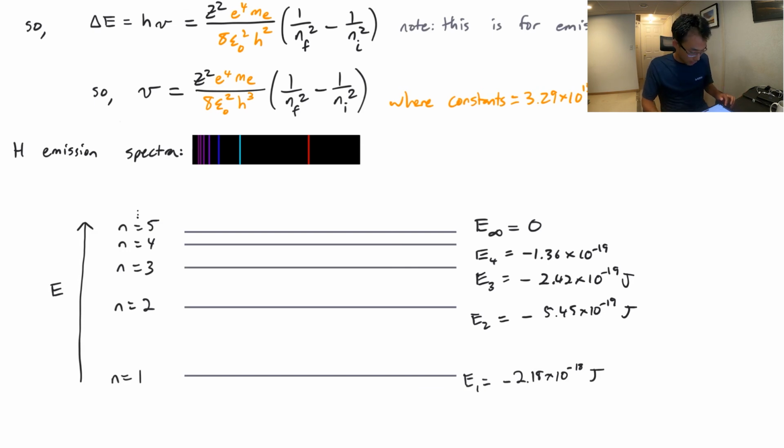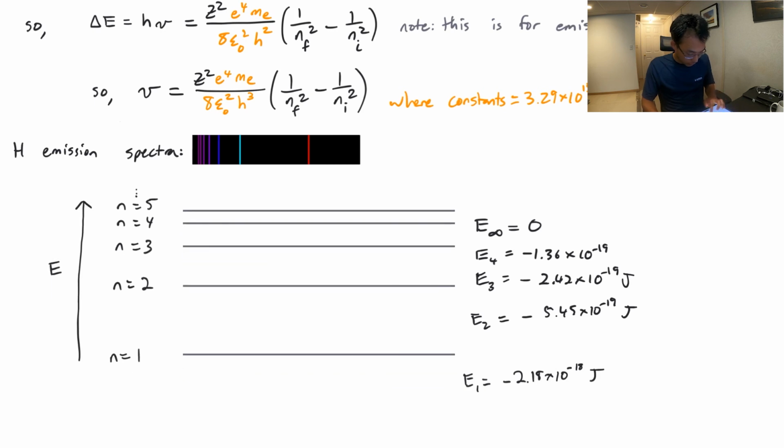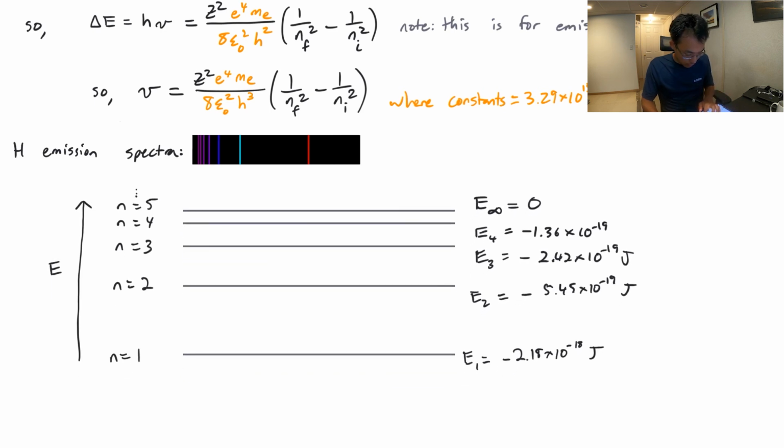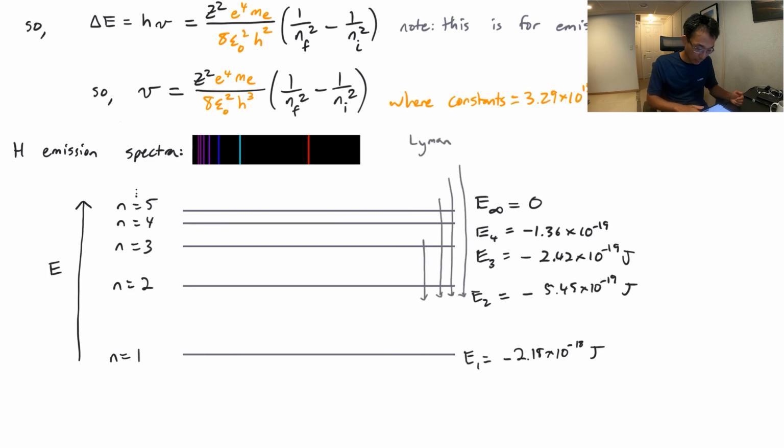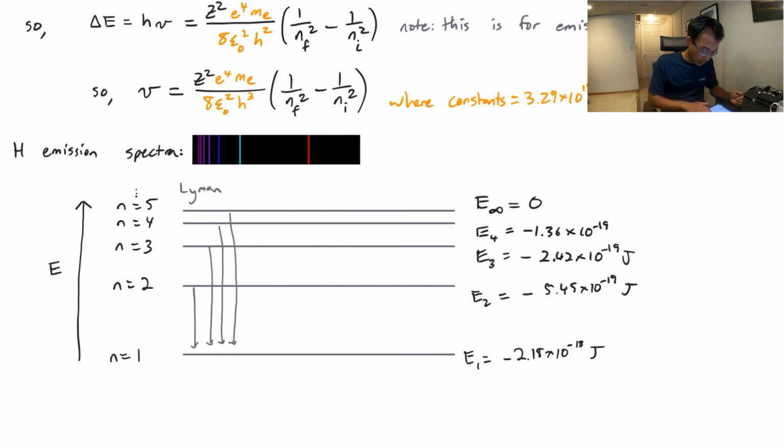And yeah, so just to give you an idea of what all of this means. Again, I've shown you here the emission spectrum where you see purple, blue, teal, and red. It turns out that people were really interested in classifying all of these transitions. So there's a lot of different names for all these different transitions, and they're categorized into series.